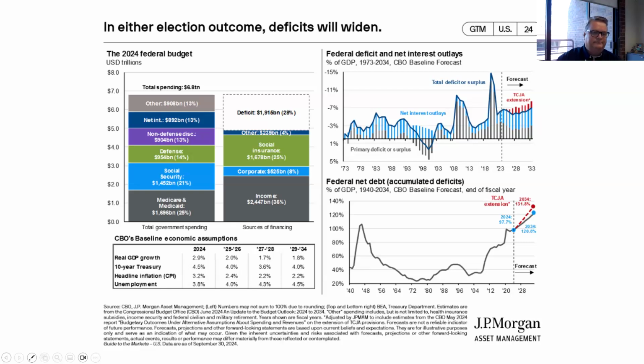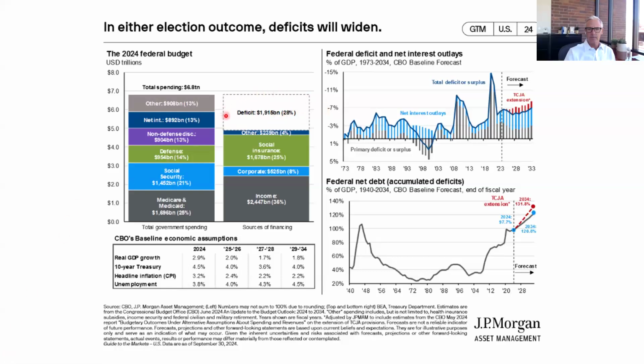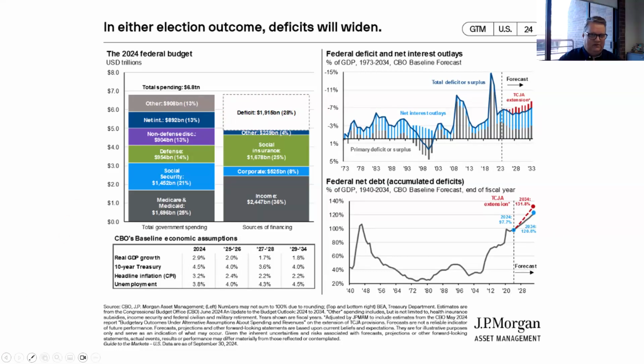The right side is the sources of financing, or sources of income, to pay for that. The bottom one is income tax, corporate tax, Social Security tax, and a bunch of other stuff. But that top little dotted line is the concerning part. It's a giant deficit. There's not enough tax revenue coming in to pay for all the spending.